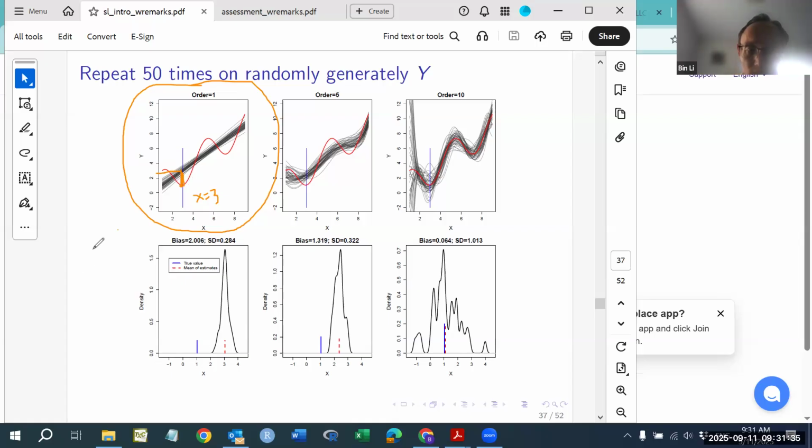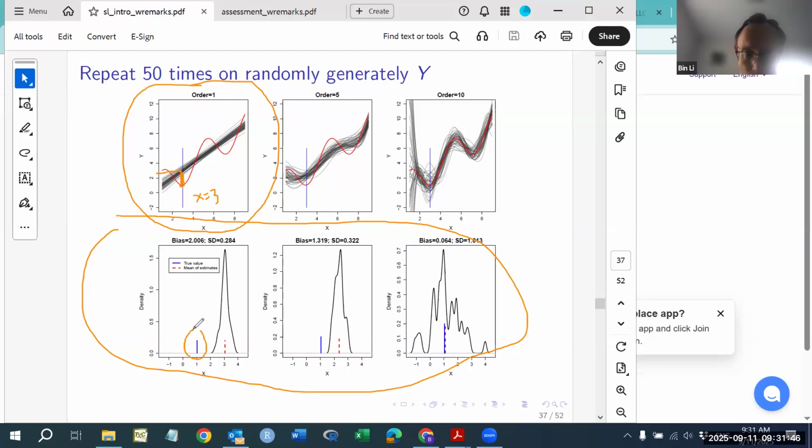The bottom plot shows the bias and the variance. This tick mark at the bottom is the true value, the value of the red curve when x is 3, which is around 1.